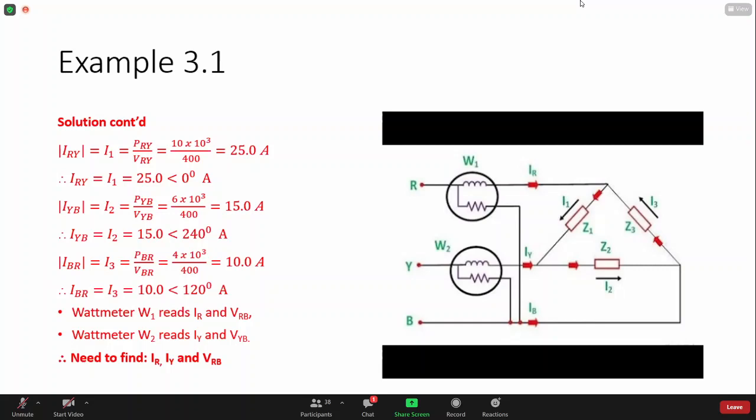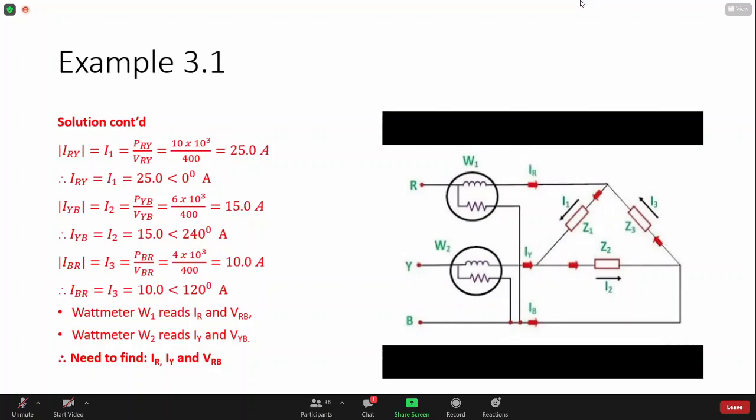So in the lab experiment that we do with the 2 wattmeter, we usually connect between red and yellow. So yellow becomes the common one, and so 1 wattmeter current coil is in the red line, and the other wattmeter current coil is in the blue line, and yellow becomes the common.